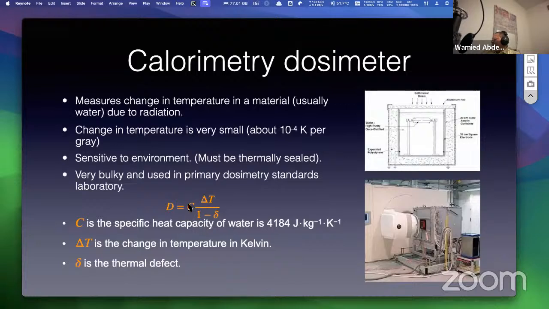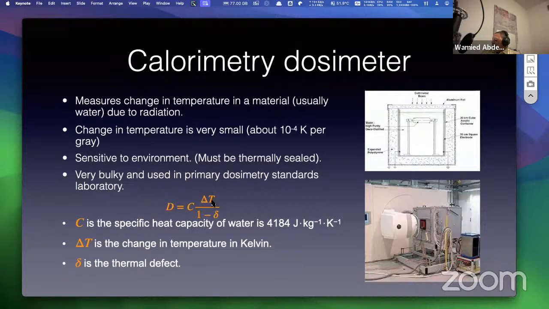Basically, it describes the change in energy, heat, per unit kelvin, per unit kilogram. That's the specific heat of water.